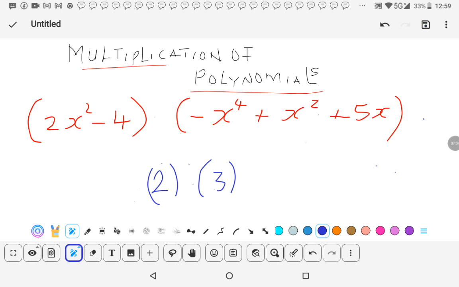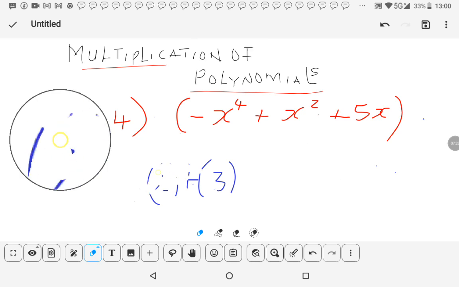So multiplication. But if they separate them with an addition sign, it's basically 2 plus 3. But since there is no sign there, then just know that what you're required to do is to multiply the two polynomials. So now the question is, how do you multiply this particular polynomial?